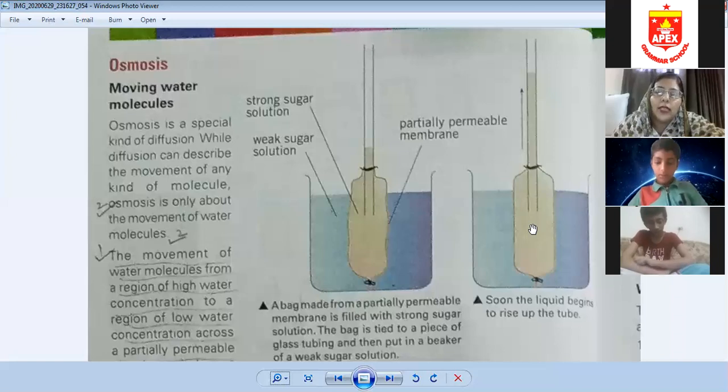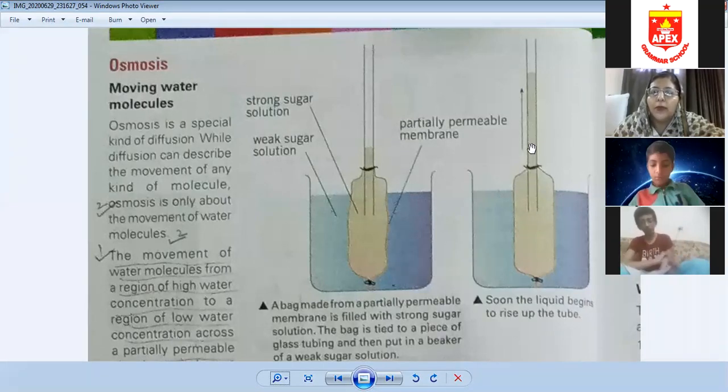So the second part of your definition: osmosis is the movement of molecules from higher concentration to lower concentration. You can see here is the higher concentration of water, and when the water is raised in the test tube, it goes to the lower concentration. So the second part of the definition is proved, and the third part is that it is through a partially permeable membrane.